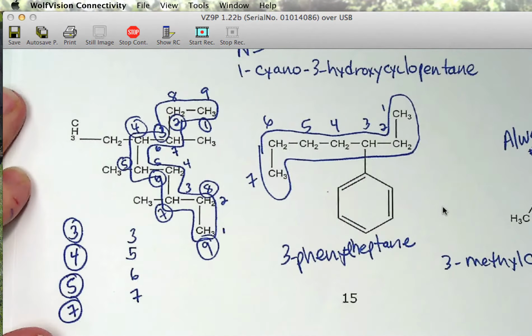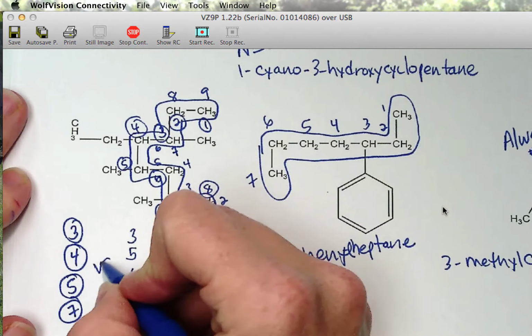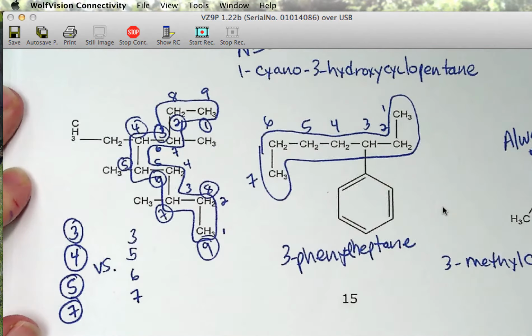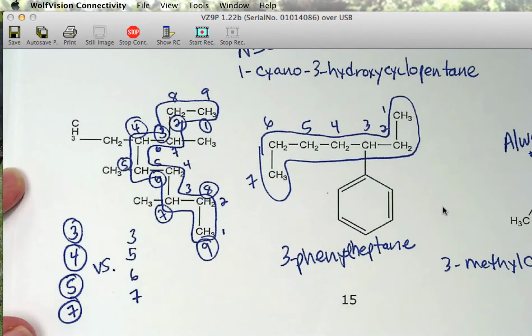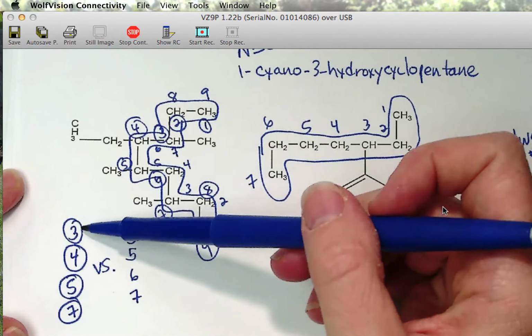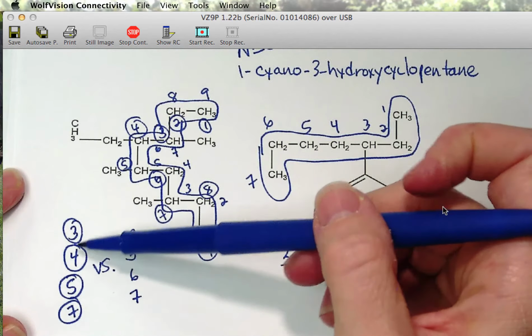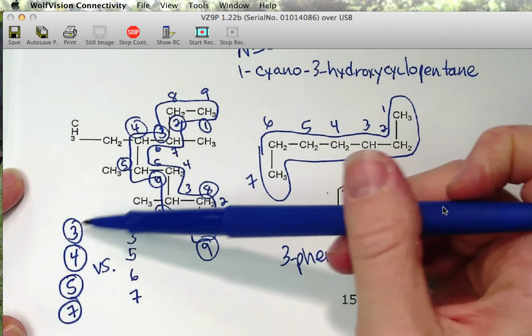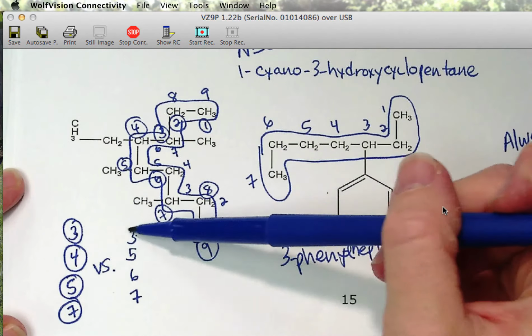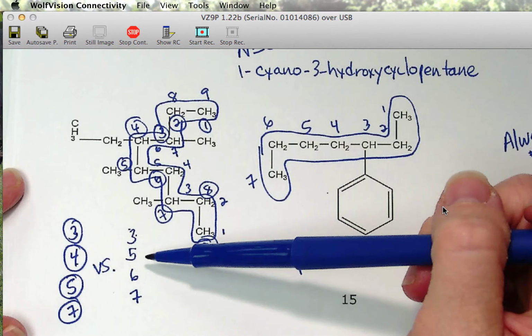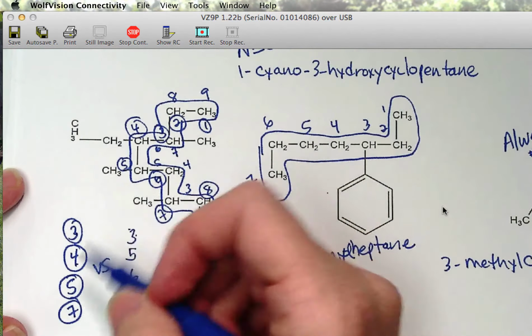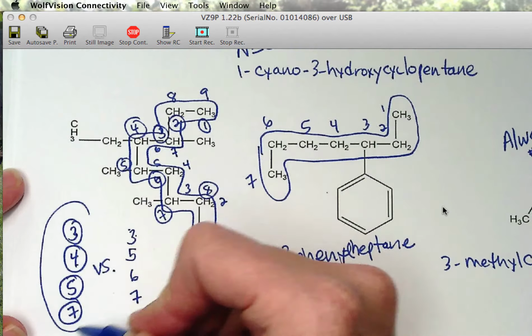So when you compare these numbering schemes head to head, they don't look very different. But the one that wins is the one on the left, because 3 and 3 is the same, but 4 is lower than 5. So this is the winner.